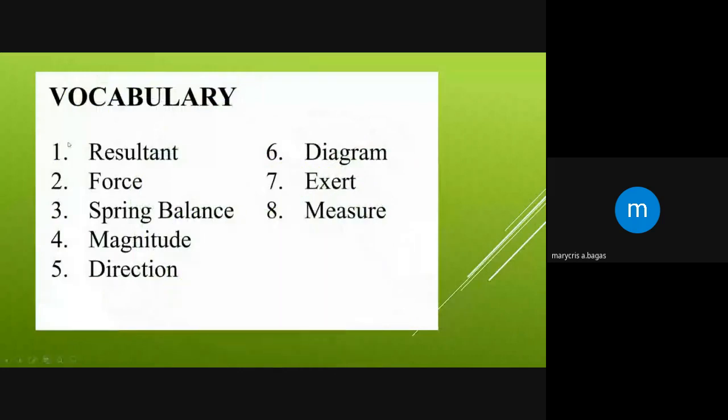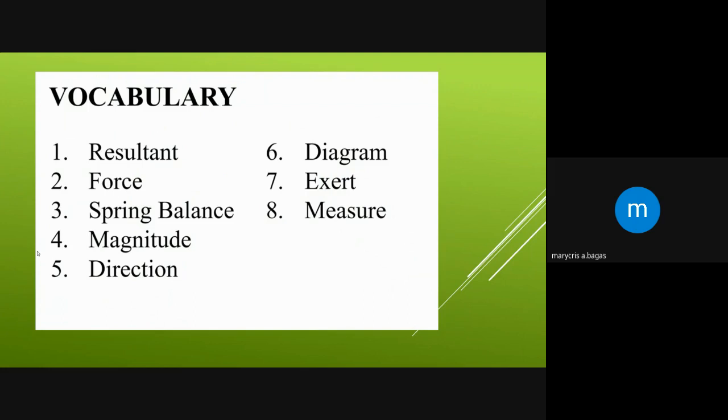Let's read number one, resultant. Everybody read resultant. Number two, force. Number three, spring balance. Number four, magnitude.